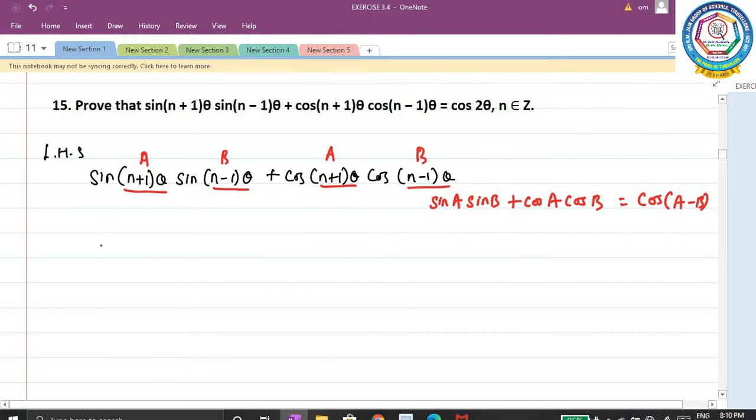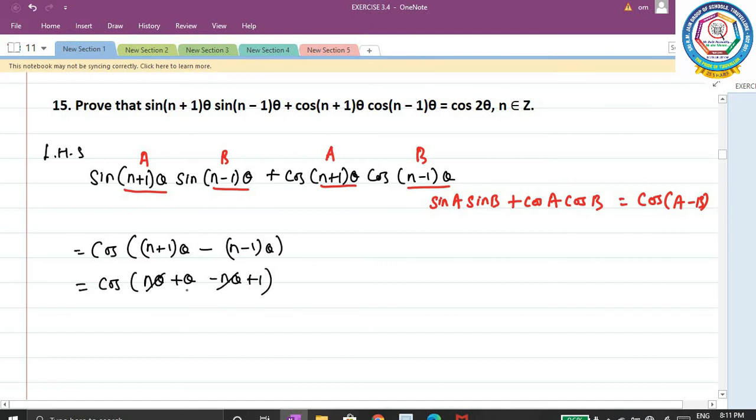So that is equal to cos of (A minus B): (n plus 1) into theta minus (n minus 1) into theta. Next, cos of, now I take theta inside, n theta plus theta minus n theta minus of minus plus 1, minus n theta plus n theta, here n theta will cancel.